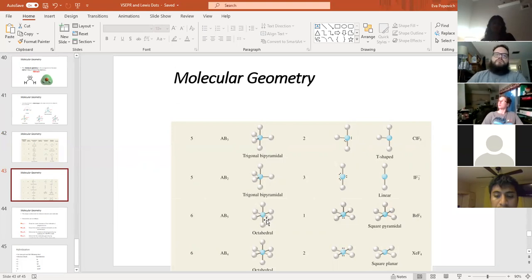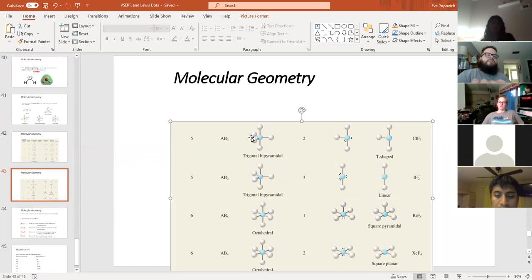And that is a 90-degree bond angle. The funky thing about the trigonal bipyramid is the ones that are on the plane here are 120 degrees away from each other. From the plane to the linear ones are 90 away from each other. That's the best we can do.